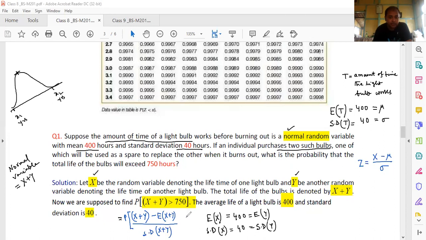I need to subtract E of x plus y from both sides and divide both sides by the standard deviation of x plus y. So let us write the inequality.